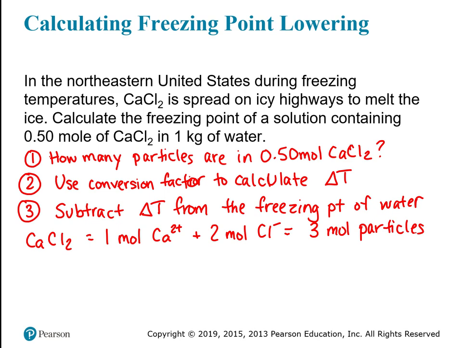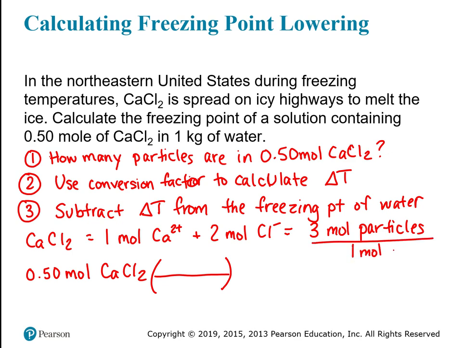We only have half a mole of calcium chloride, so we need to figure out how many particles that means. We use this conversion factor: 3 moles of particles for every 1 mole of calcium chloride.